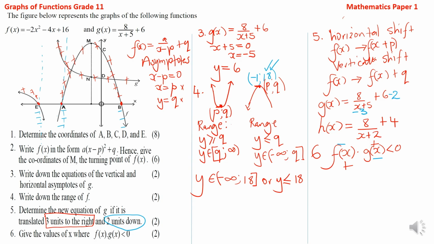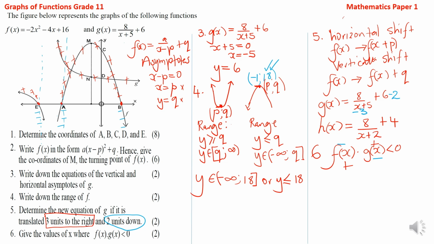And we must be careful with this one because there is an asymptote here as well. If you look between point A and point B, both graphs are positive. Both graphs are on the positive side.